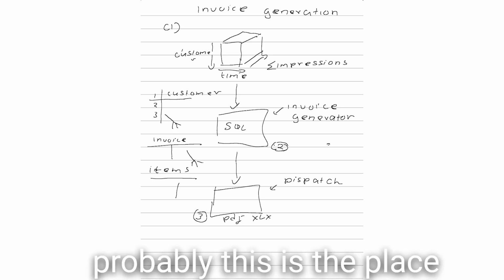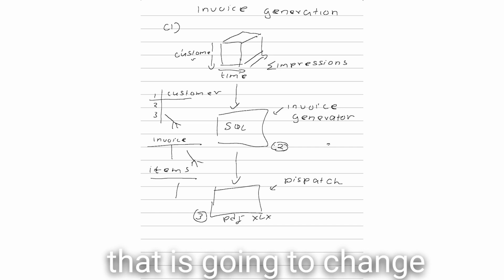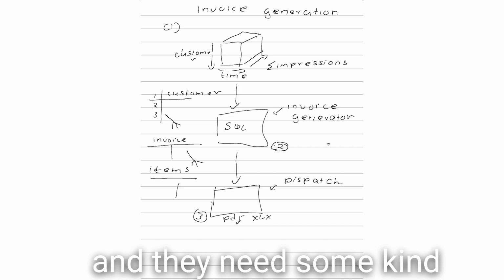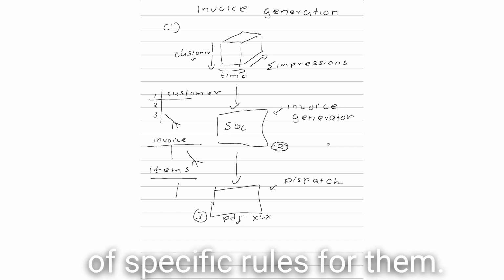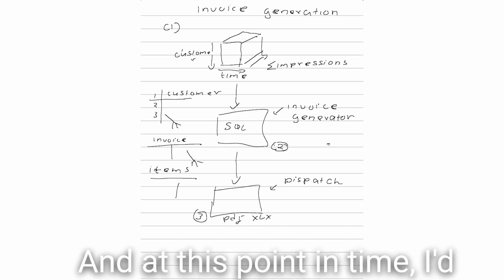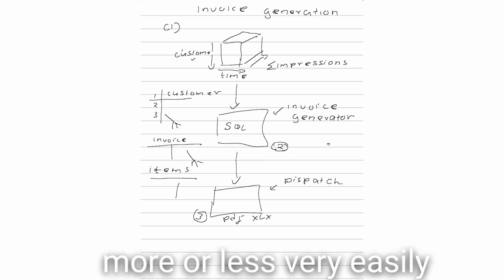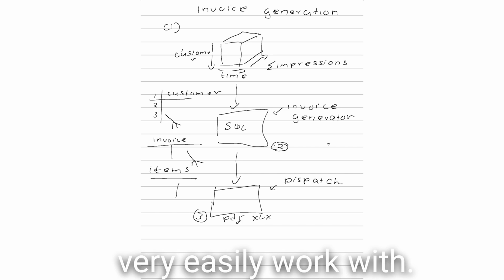You would expect that probably this is the place that is going to change quite a bit, especially if you get large customers and they need some kind of specific rules for them, and at this point in time I'd probably just use something like Python that I could more or less very easily work with.